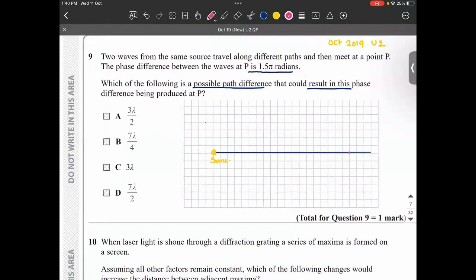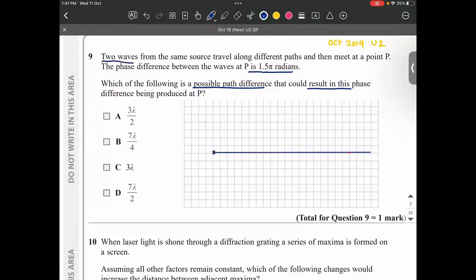From the same source, both are starting. Source in the sense, you just visualize from the same source, through two different paths, one wave is approaching one point. So here I'm drawing two waves. That means we have two different waves, correct? As according to the question.